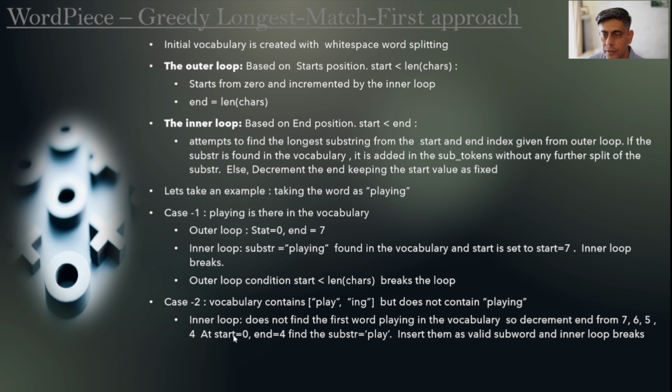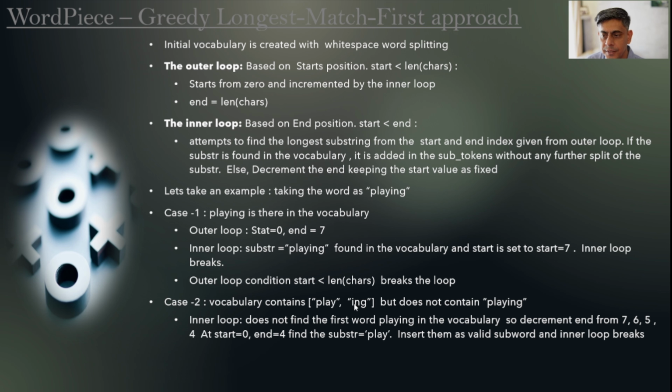So you start the inner loop and see that playing is not there, so you start reducing the index from the end. You go from 7, then to 6, where 6 becomes playin, then 5, and then 4, which becomes play. Starting from 0, ending it here.